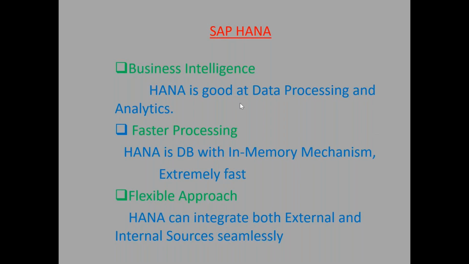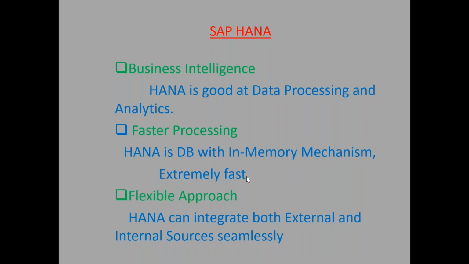Actually, when you are using the normal BW, it won't get the live data. The second point is faster processing. Since HANA is a database with an in-memory mechanism, ultimately it is extremely fast. Let's say, for example, your ERP system currently handles 10,000 transactions per day.